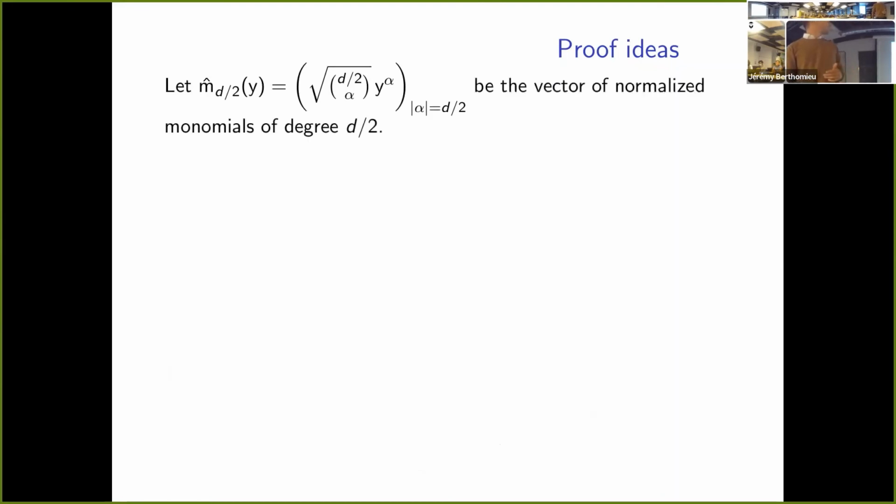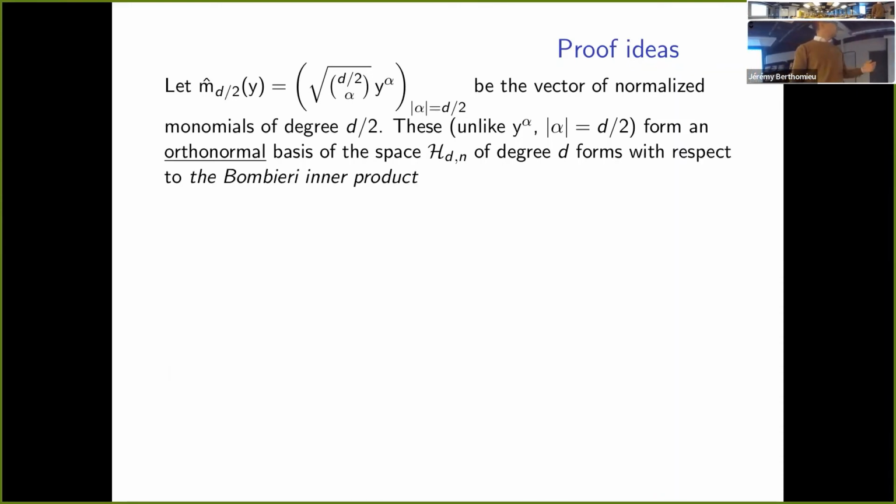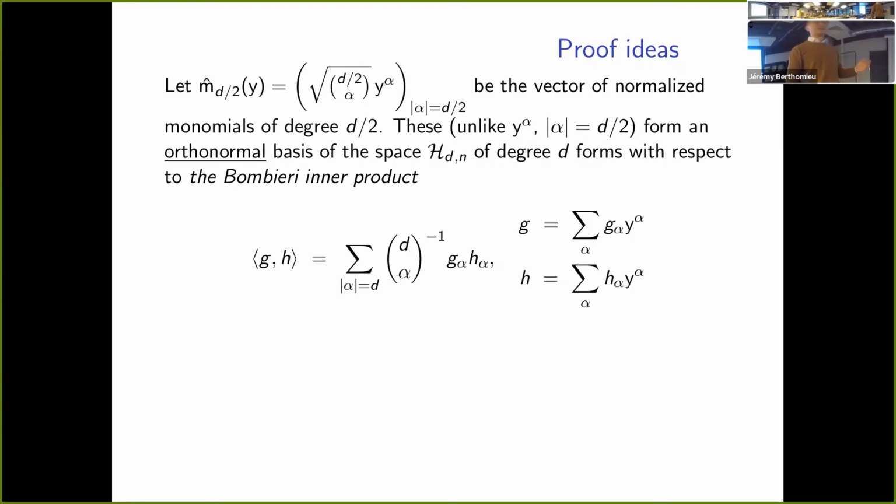So first of all, let me point out that it's convenient to work with a vector of normalized homogeneous monomials, because in that case things get particularly nice: these normalized monomials form an orthonormal basis of the space of homogeneous polynomials with respect to the Bombieri inner product, right?